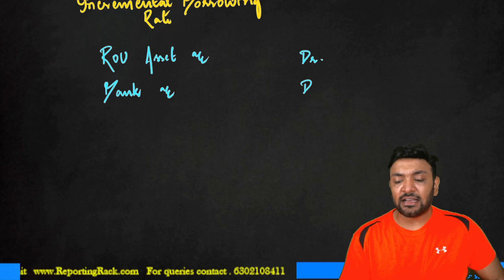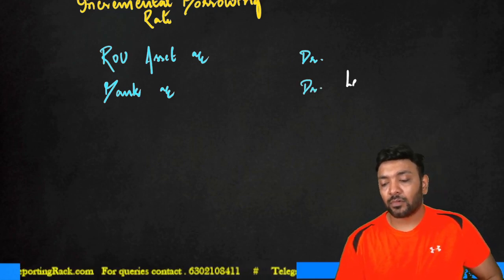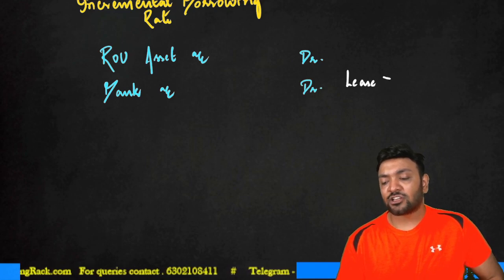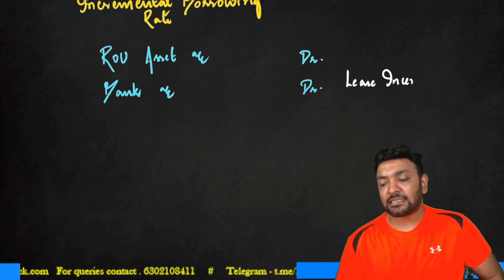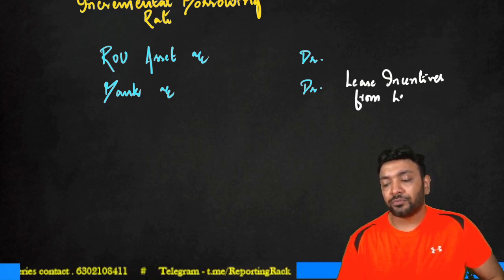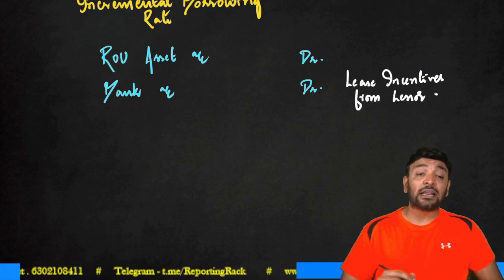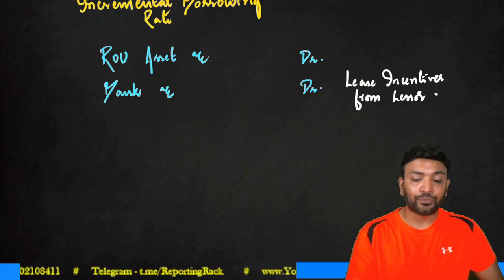I might receive a certain amount as incentives from the lessor. So I am debiting it to the bank account. I am reducing it from the value of the ROU asset.